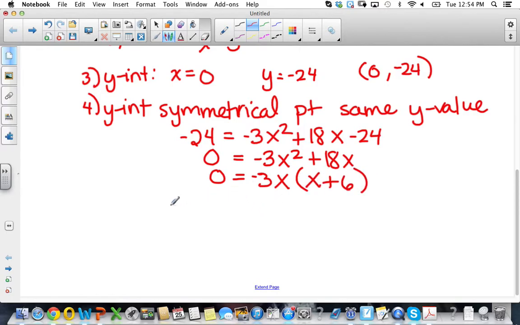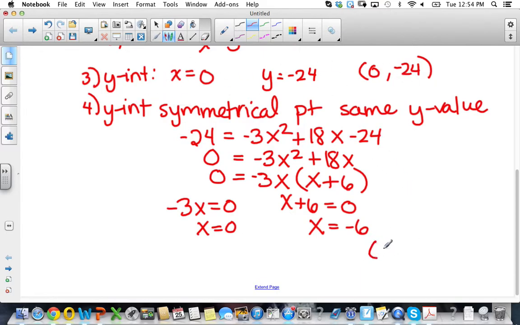When you set each factor equal to 0, you get x is 0. We already knew that because this is the y-intercept, which we got here, and the other x value that goes with negative 24 for y is negative 6. So the mirror or symmetrical point for the y-intercept is (negative 6, negative 24).